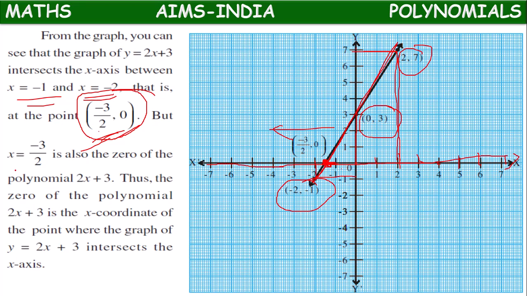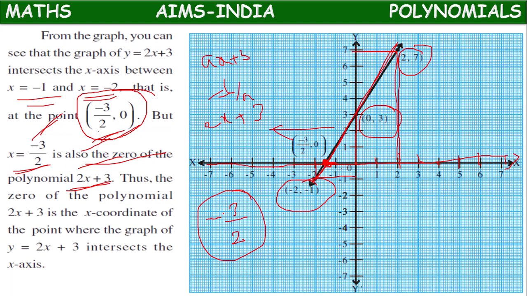So x equal to minus 3 by 2 is the 0 of the polynomial. For ax plus b, we have said that minus b by a is the 0. So for 2x plus 3, in the same way, minus 3 by 2 is the 0 according to normal methods. We have proved the same through the graphical method also.